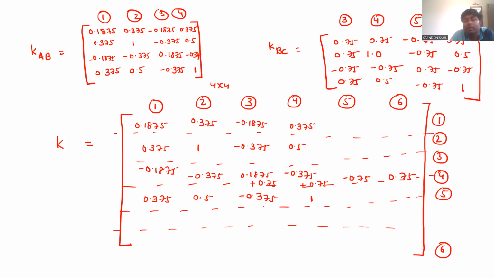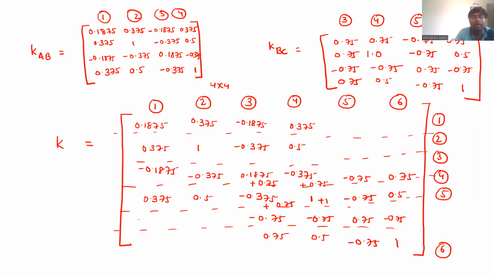Here 1. This will be again 0.75 plus 1 minus 0.75 and 0.5. Here it will be minus 0.75, minus 0.75, 0.75, minus 0.75, 0.75, 0.5, 1, minus 0.75. And what about these entries? Those are 0.